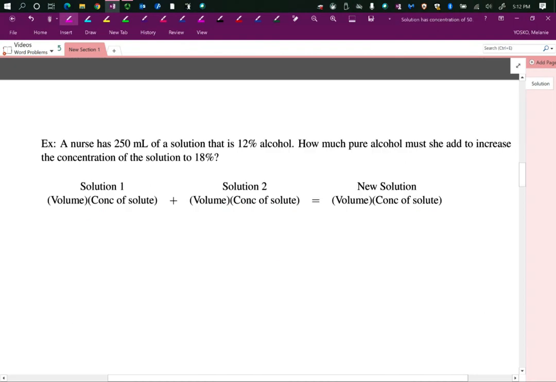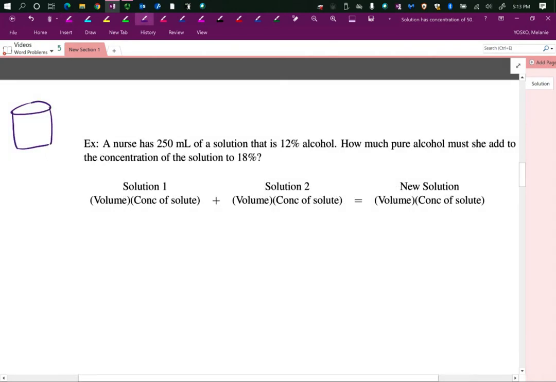Let's do a mixture word problem. A nurse has 250 milliliters of a solution that is 12% alcohol. How much pure alcohol must she add to increase the concentration of the solution to 18%? We think about a solution. We have 250 milliliters of solution, and 12% of it is alcohol, and 88% is something else.